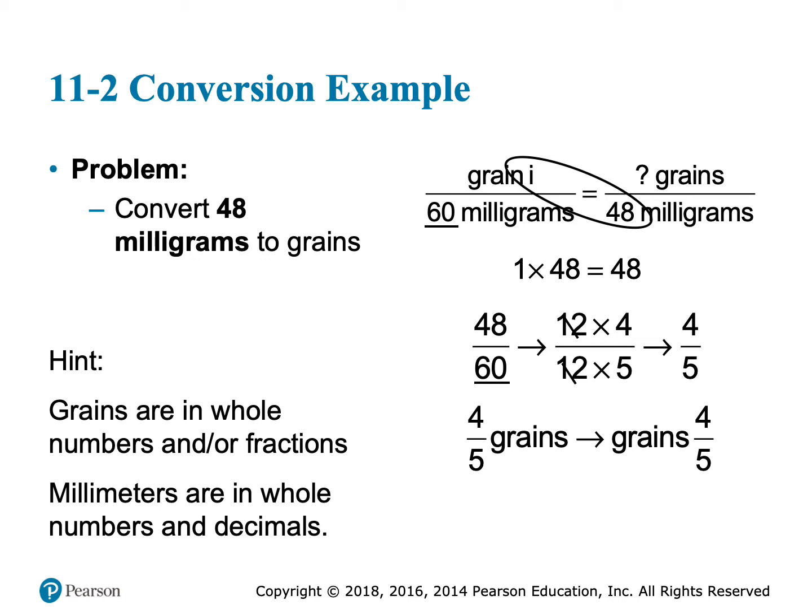So when we cross multiply, we get 48, because that I represents a 1 in Roman numeral. So 48 times 1 is 48, and then we divide by the number that's left, which is 60, and if we keep it in our fraction form, that gives us 4/5, and that we write as grains 4/5.